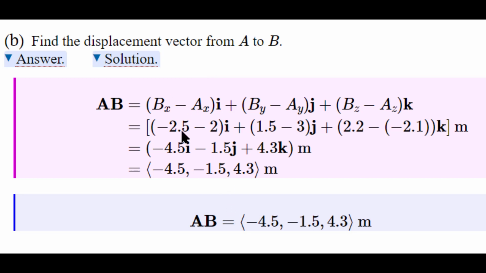We plug in the x coordinate for B and the x for A. That's minus 2.5, and it's a difference, so it's a delta, minus 2, so those add up. So the i displacement is minus 4.5. We complete these for the y and the z. So we end up with minus 4.5, minus 1.5, 4.3.